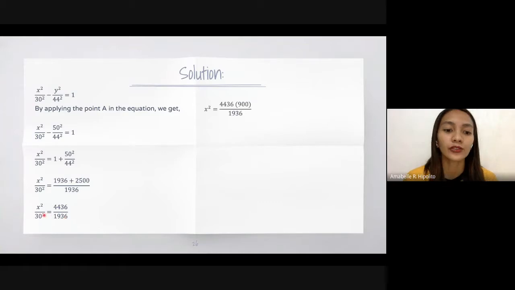Okay? So, to remove the 30 squared here at the bottom, if we are going to expand 30 squared, that is equal to 900. Right? So, to remove the 30 squared at the bottom, we are going to multiply both sides by 900. Just multiply both sides by 900.